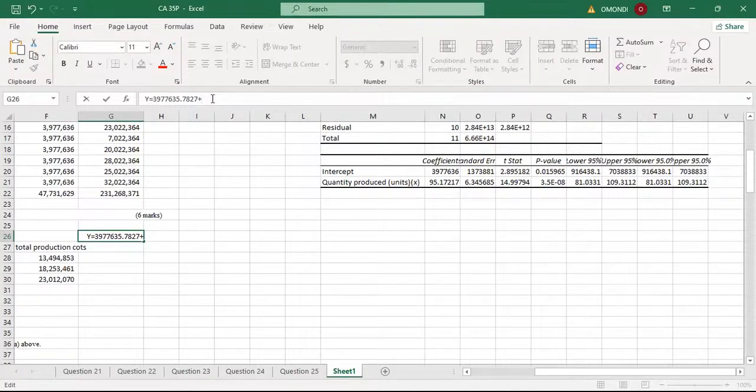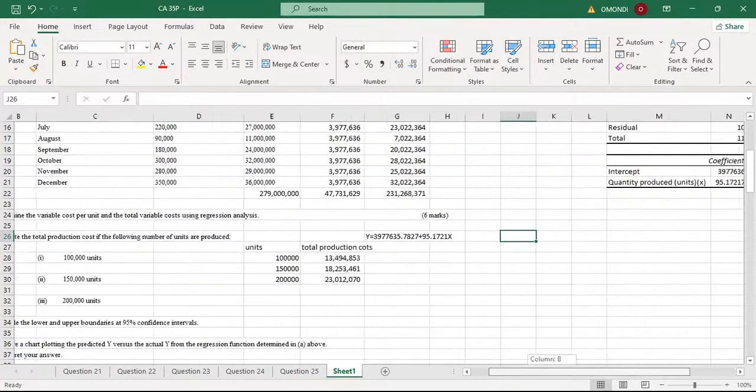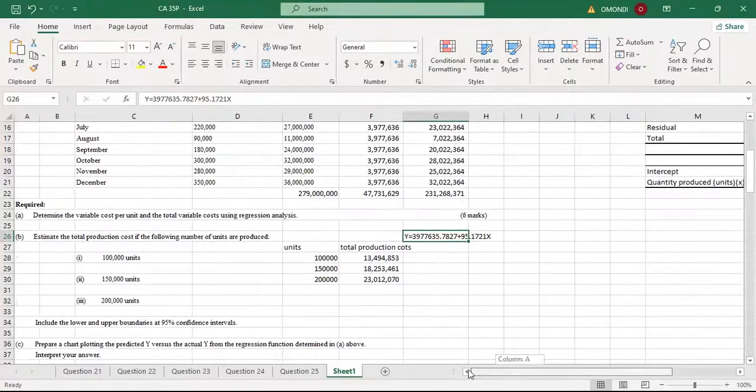So what is the value of b? That is the function which we have. So by using this function, we've been able to create these costs here.